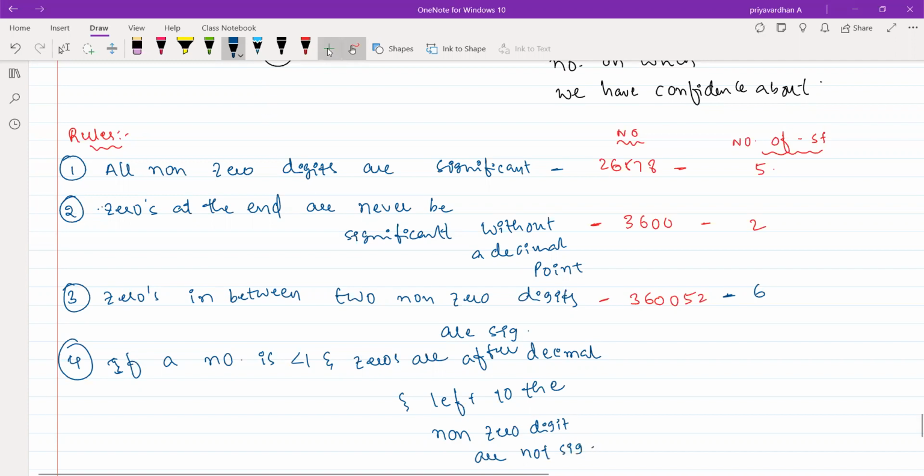See, what I meant to say is, assume you're having 0.00572.